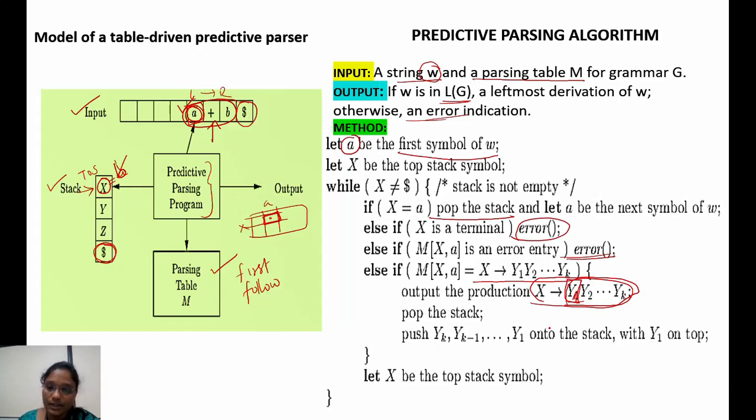So we push in reverse order, starting from the last symbol Yk, then Yk minus 1, up to Y1, having Y1 on the top. Now again that becomes the top of the stack. So this is the overall working of this table driven predictive parser.